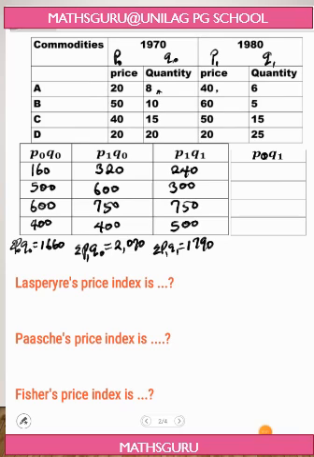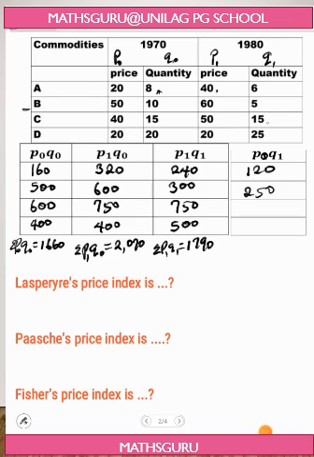All right, the last column here, we're going to have P sub 0 Q sub 1, that is the base price multiplied by the current quantity. So the base price is 20 here for A, and the current quantity is 6. So we multiply 20 by 6, and that is going to give us 120. 50 by 5 is going to give us 250.